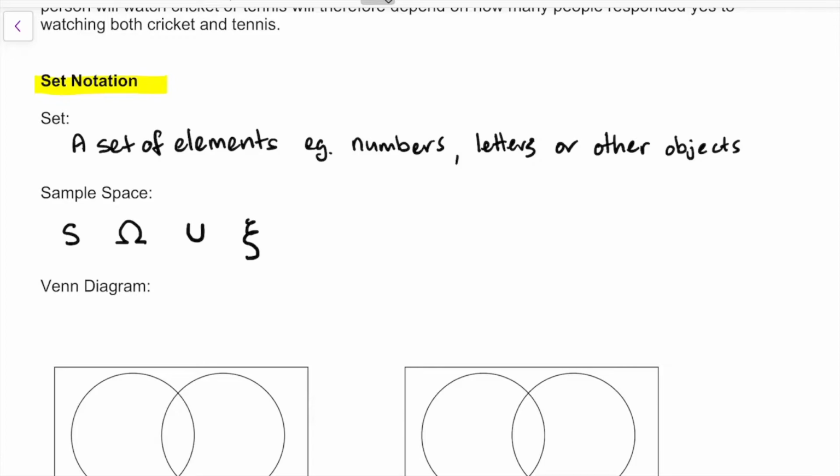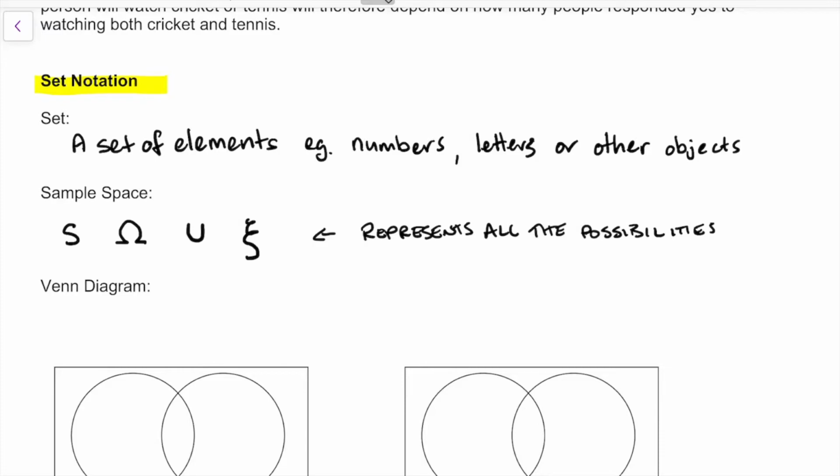And it's all the possibilities. So it represents all the possibilities in an experiment or probability event, challenge, data collection, etc. Okay.